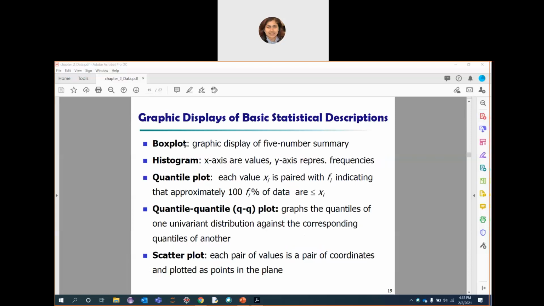Next, we saw the box plot; the quantile plot we are going to see, but it is mostly related to the quartiles or quantiles of values.